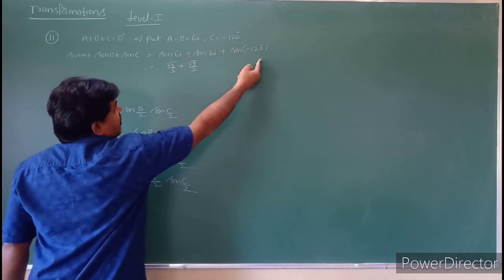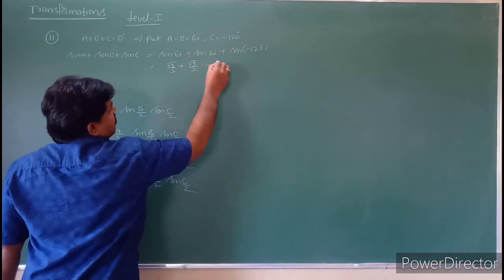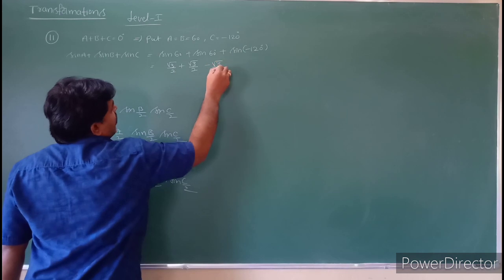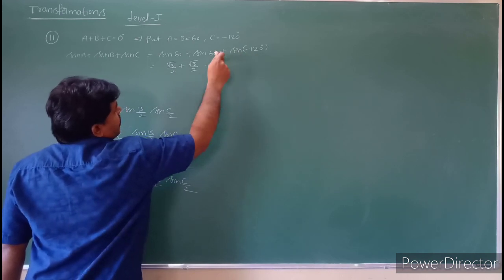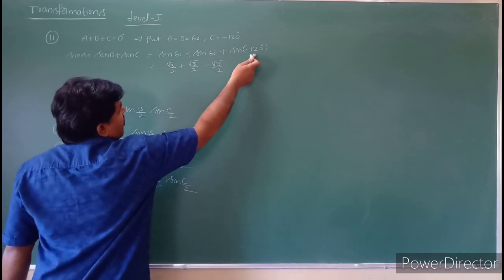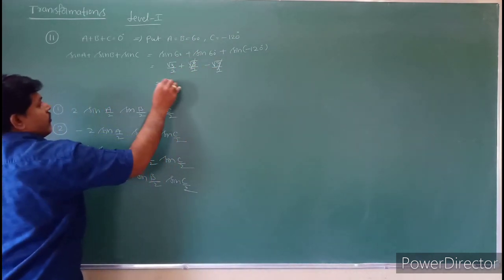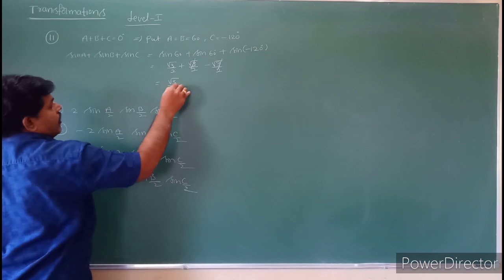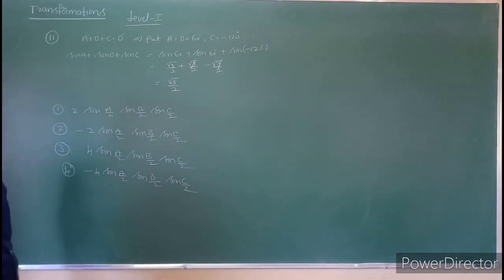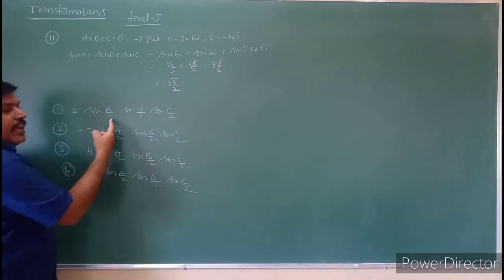Sin 120 value is root 3 by 2, but minus is there, so it will become minus root 3 by 2. Why? Because sin of minus theta is minus sin theta. So root 3 by 2 and root 3 by 2 will be cancelled, and it will become root 3 by 2. So substitute these values here carefully.